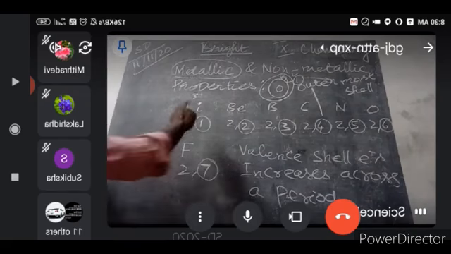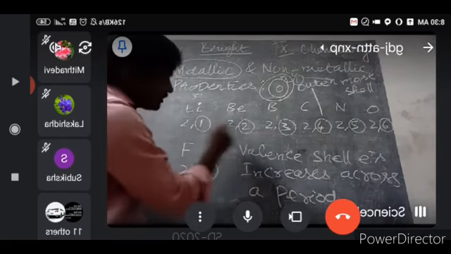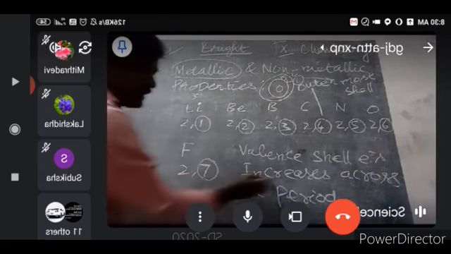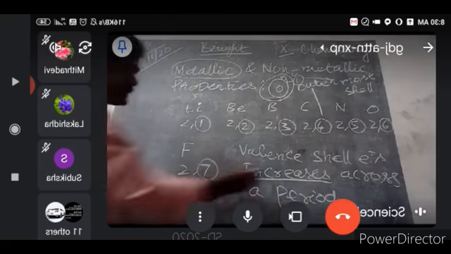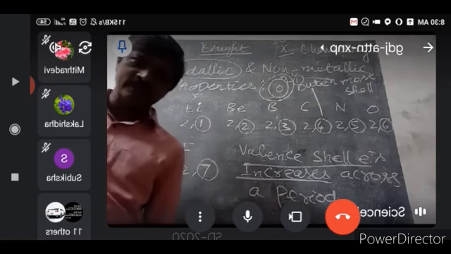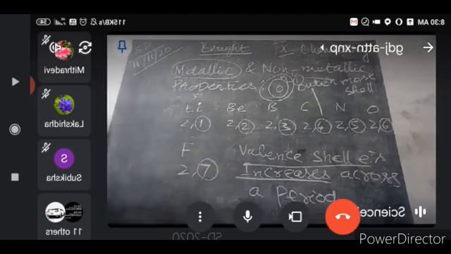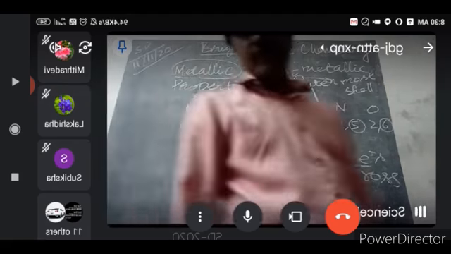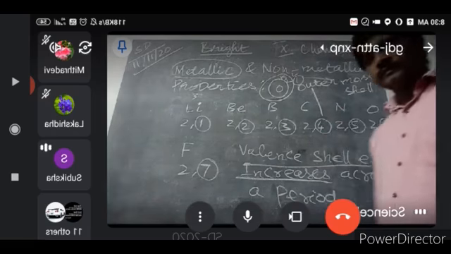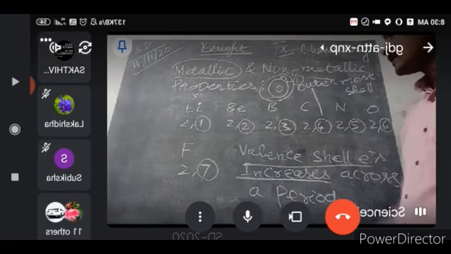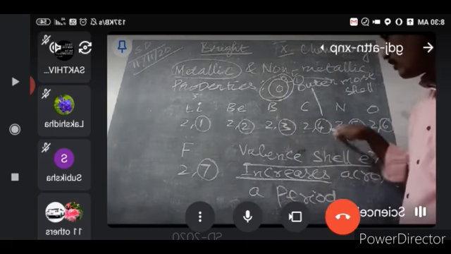So the valence shell electrons go 1, 2, 3, 4, 5, 6, 7 across a period, it increases. Suppose valence shell electrons increase, how will it show the metallic property? It will lose electrons, by donating electrons. Yes, donation of electrons will be more.